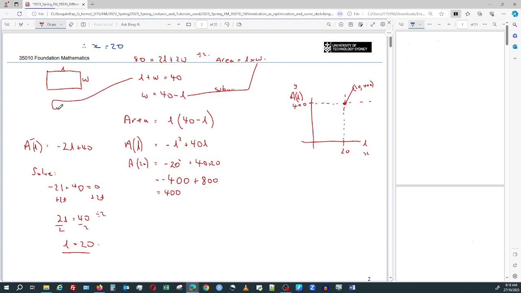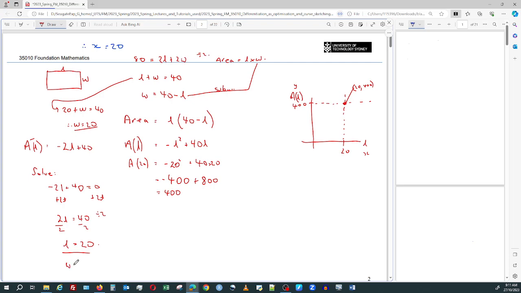Our length was 20, plus width is equal to 40, and whether you solve that or just observe that 20 more is 20, W is equal to 20. Okay, so that's the maths idea behind the answer.